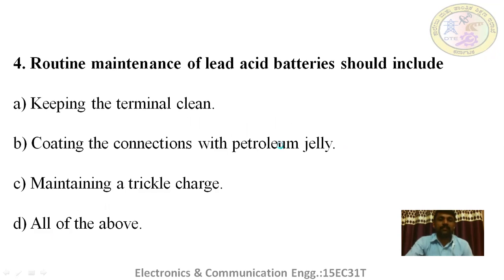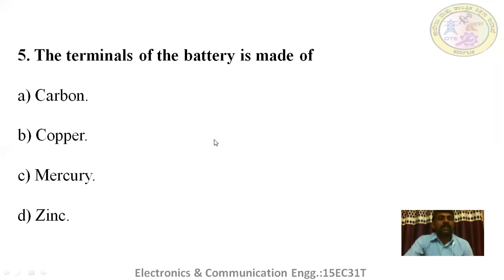That is option D. The last one, the terminals of the battery are made of. Terminals means positive terminal and negative terminal of the battery. Carbon, copper, mercury, zinc. Carbon is not a suitable answer. Copper is a superconductor.